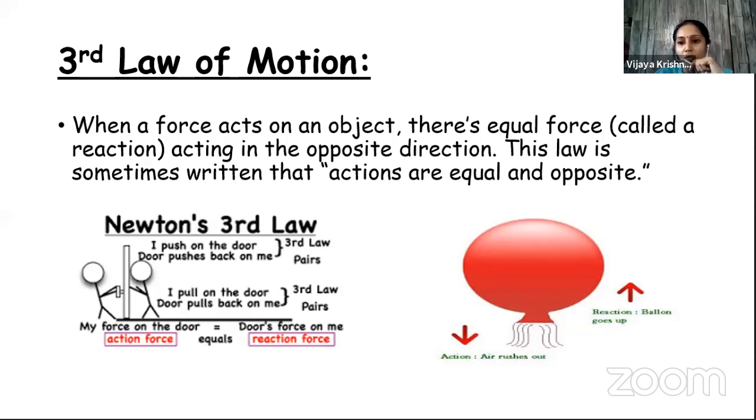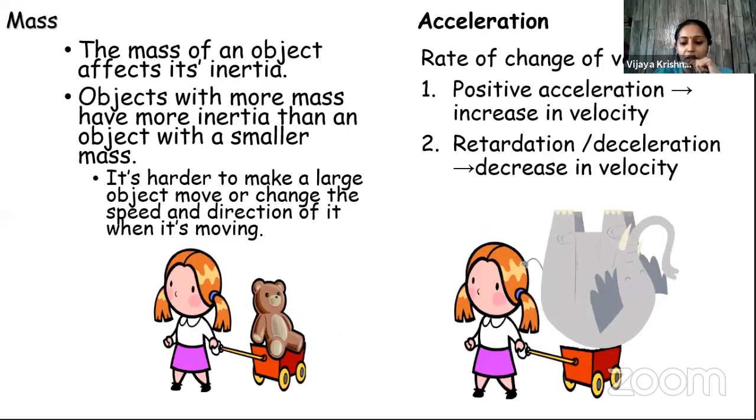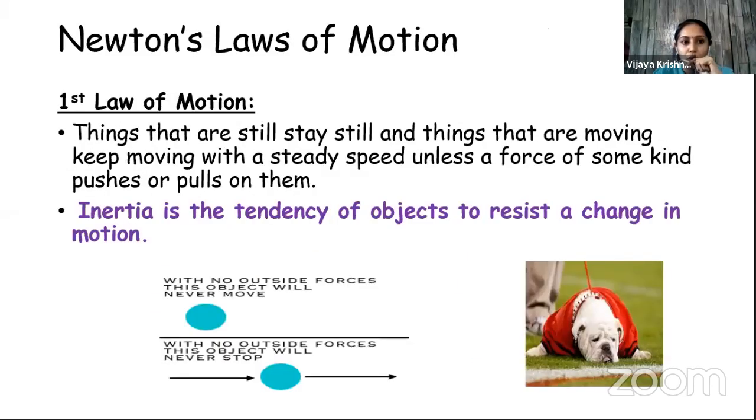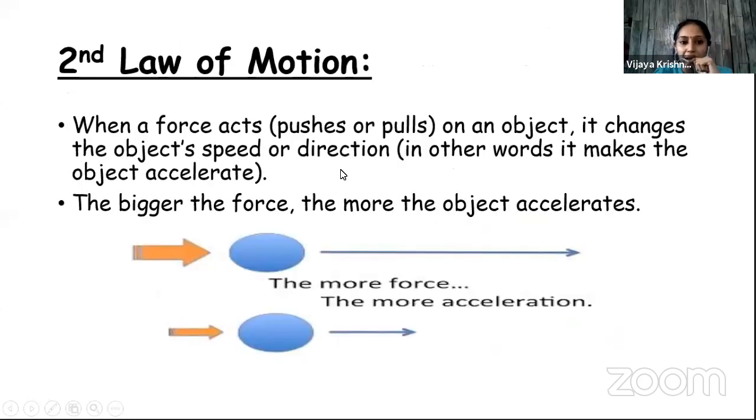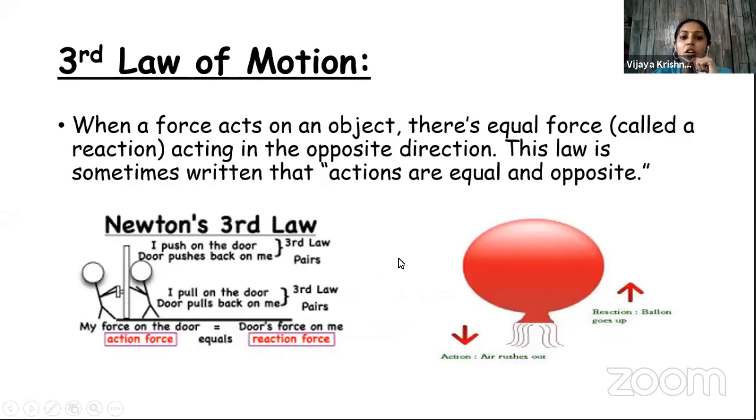One is the law of inertia, where you have the movement that is happening with respect to the force. So objects will stay either still or in movement. The second law depends on the force, so the more the force, the more is the object's acceleration. And the third law gives you action and reaction. So these are the laws of motion.